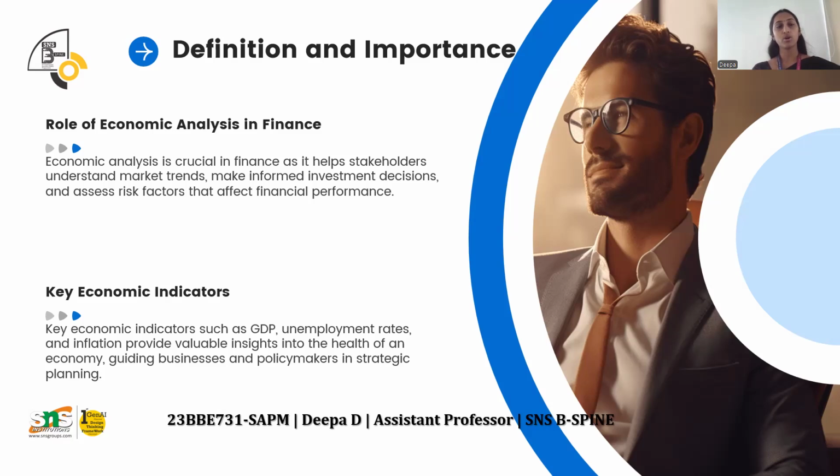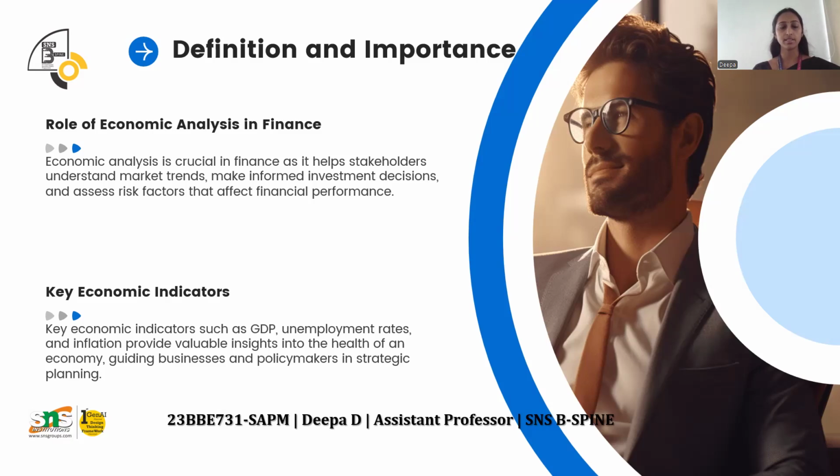Next are key economic indicators. The first one is GDP. Whenever we discuss economics, GDP is obviously an important indicator. Next are employment and unemployment rates, which we'll discuss too, and even inflation.